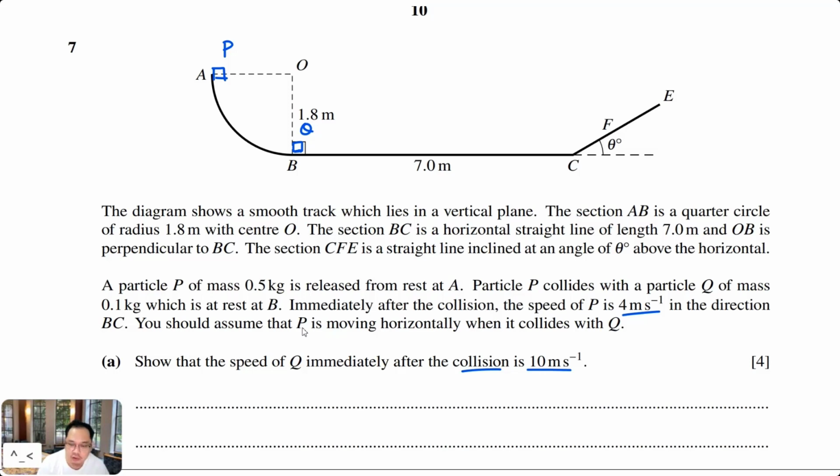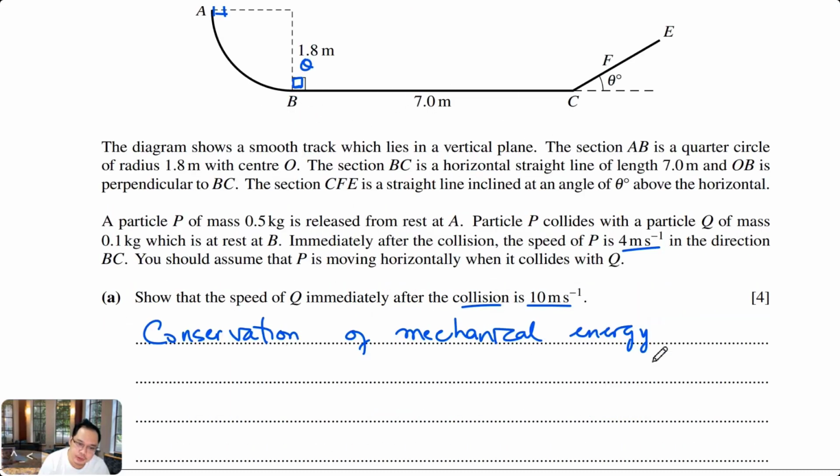So for this collision we have to use conservation of momentum, but before doing that we need to find the speed of the particle P when it slides down and reaches the bottom. To find that, we use the conservation of mechanical energy. With the zero level of potential energy at the surface BC, the particle starts from A, which is 1.8 meters above the ground.